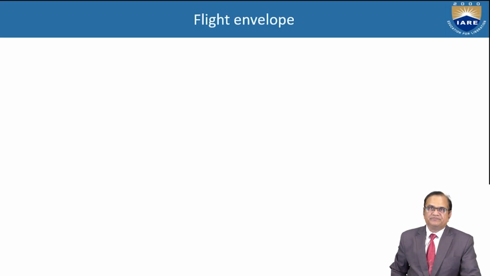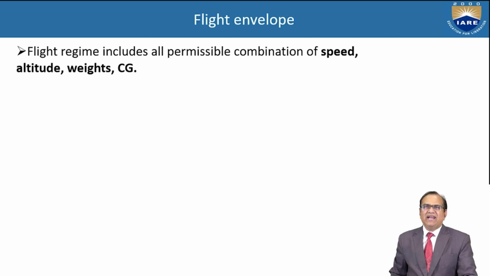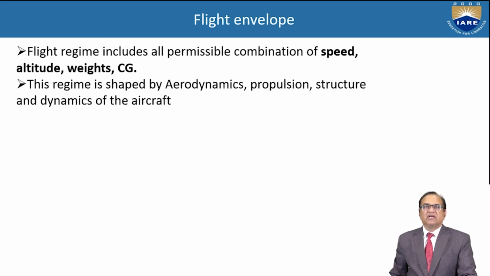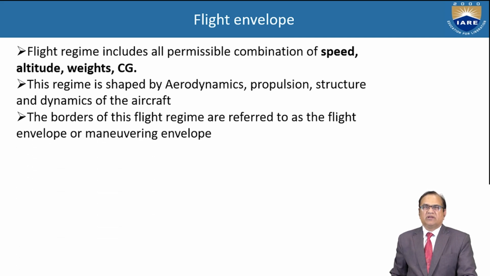Flight envelope. The flight regime includes all permissible combinations of speed, altitude, weight and center of gravity. This regime is shaped by the aerodynamics, propulsion, structure and dynamics of the aircraft. The border of this flight regime is referred to as the flight envelope or maneuvering envelope.